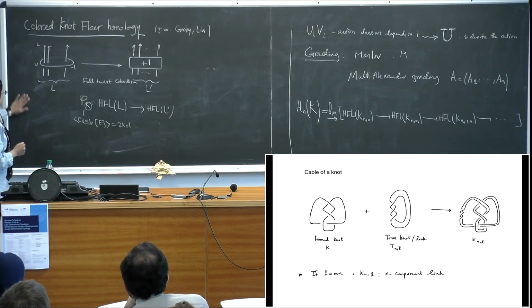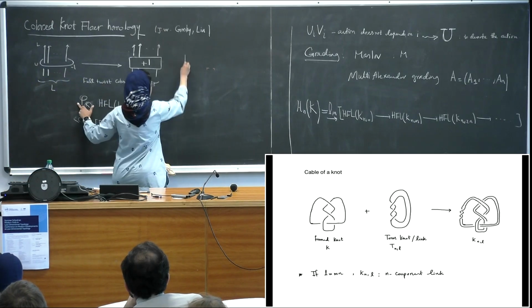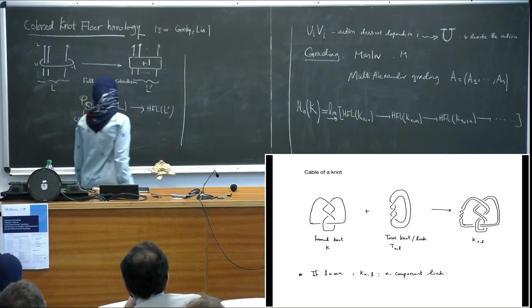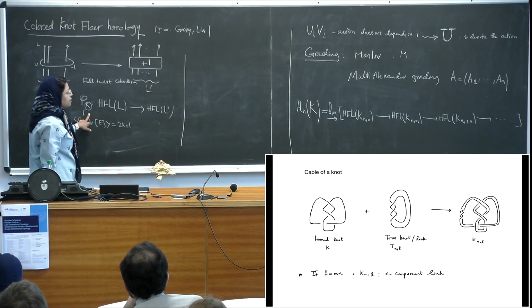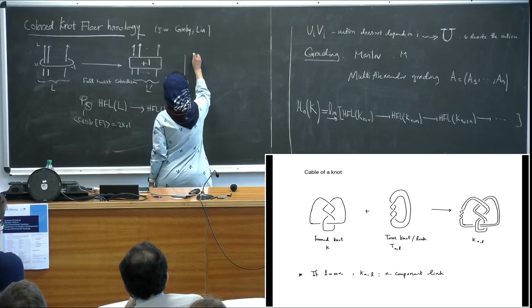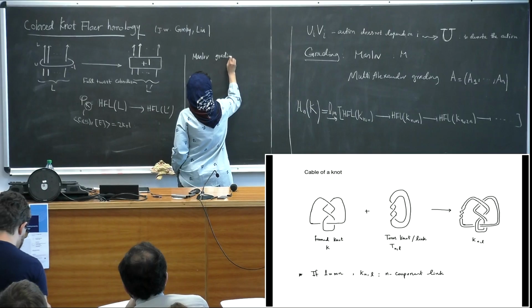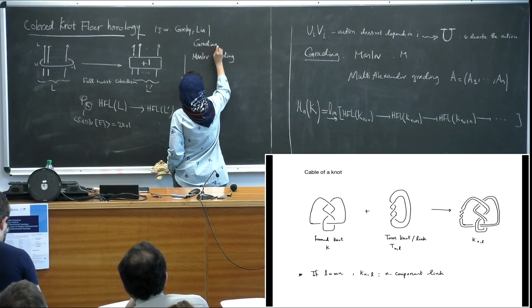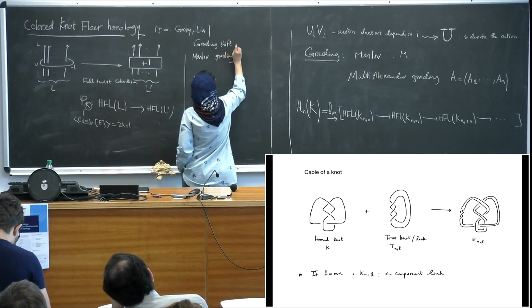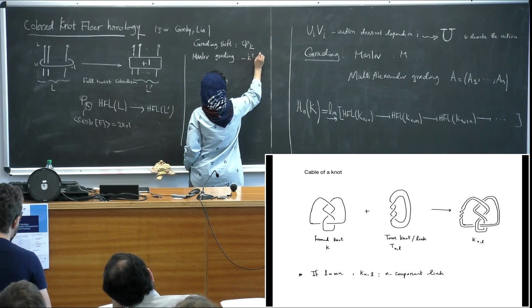Okay, great. So now, this phi k's, we know by work of Ian Zemke how they shift the Maslov and Alexander gradings. The Maslov grading shift by this phi k is negative k squared minus k.